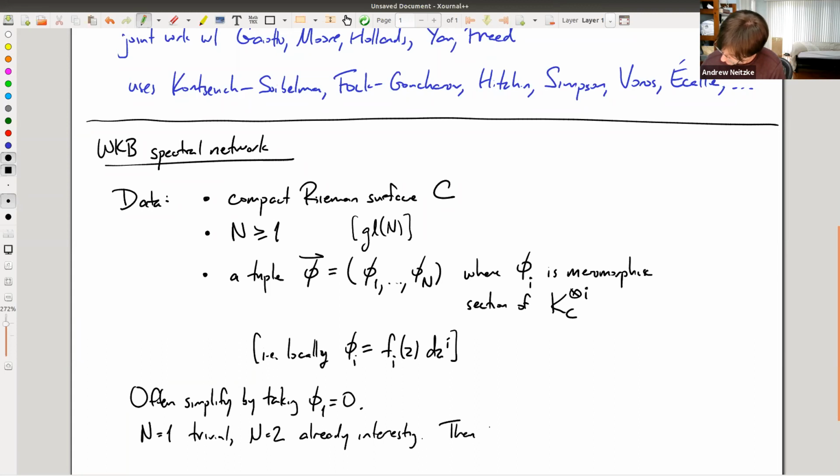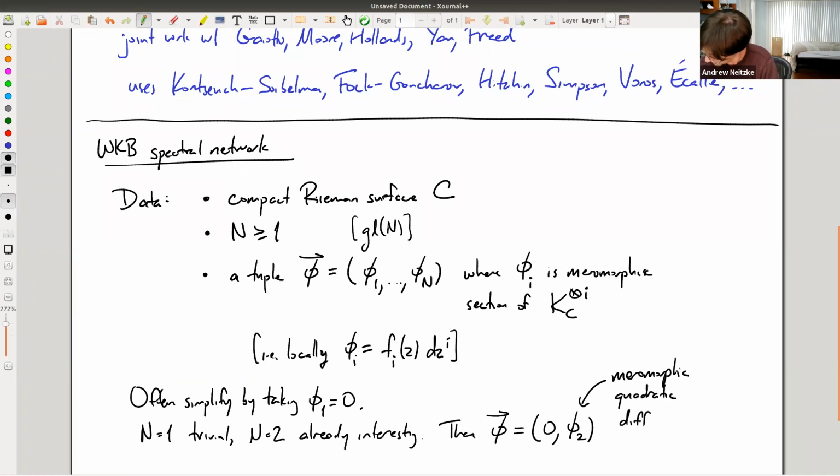So then, since I said I'm going to take phi1 to be 0, this tuple is just the data of a meromorphic quadratic differential. And so that's the simplest case to have in mind.